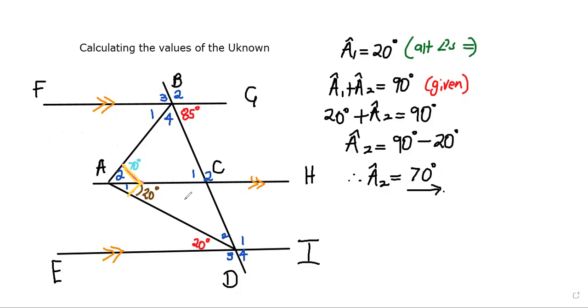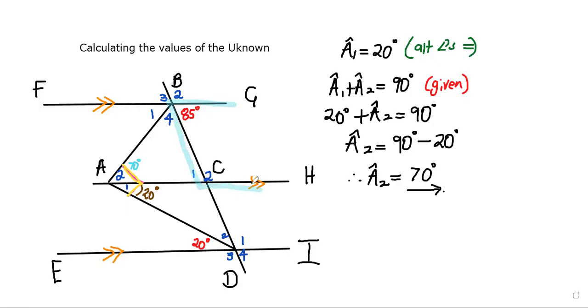Then as you can continue, where can we go from here? We are still having parallel lines. Remember, these are parallel lines. Let me show you. So these two are parallel lines.